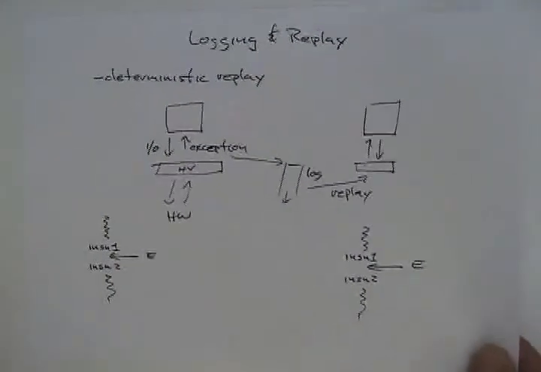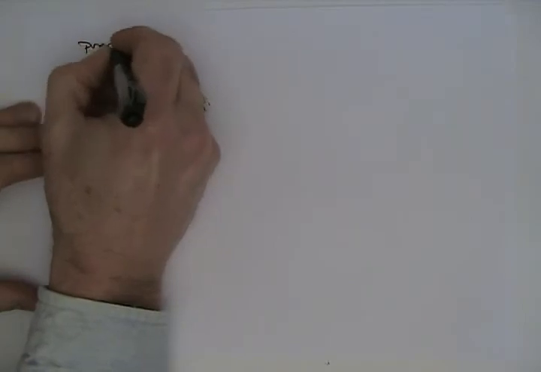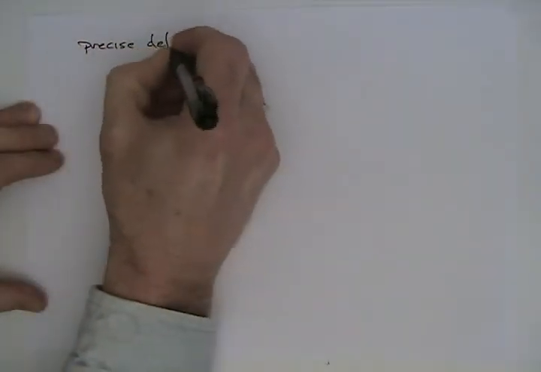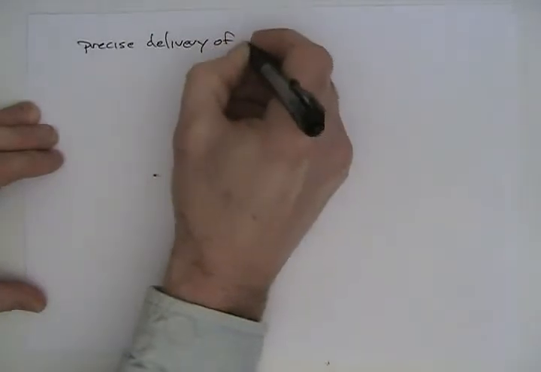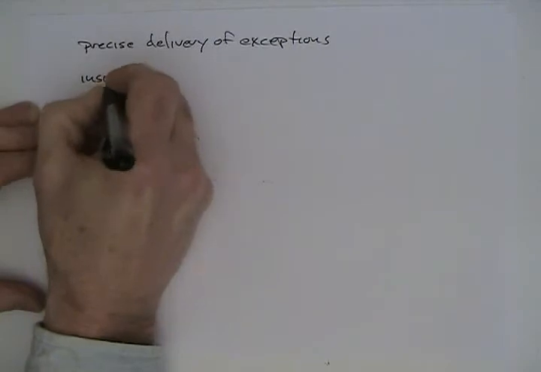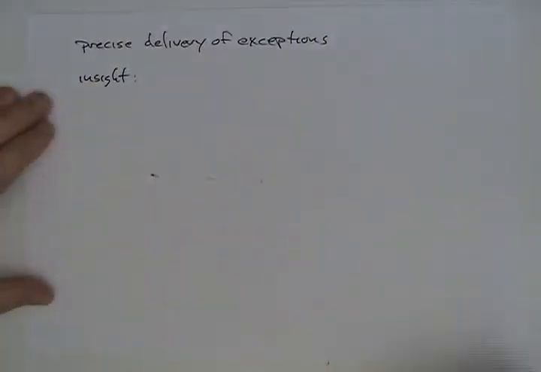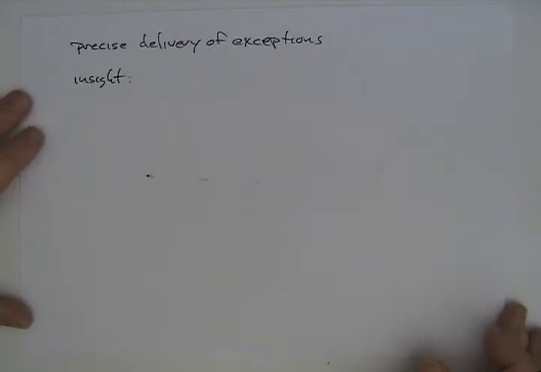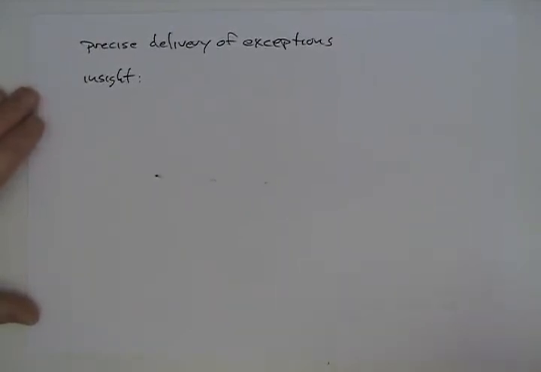It turns out there's a fair amount of subtlety to how you can efficiently deliver these exceptions at exactly the same point in the execution. And it turns out you do it using some of the statistics registers that modern CPUs provide.